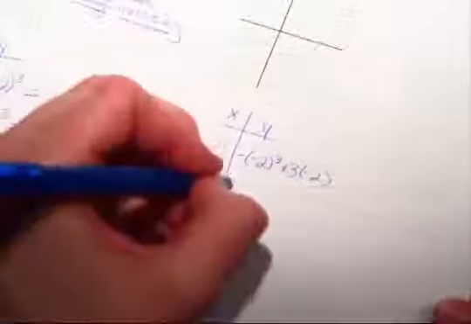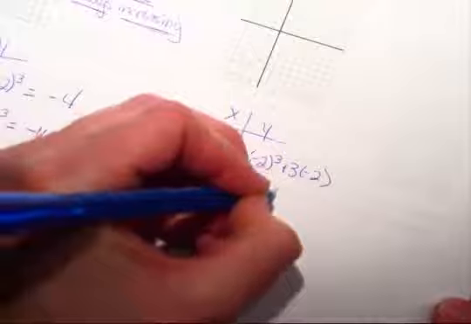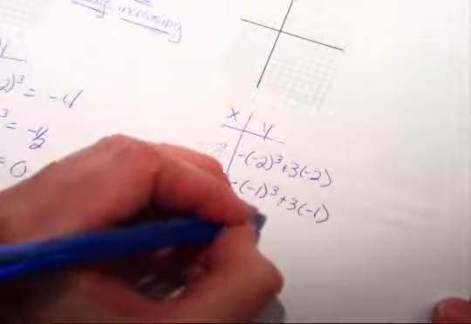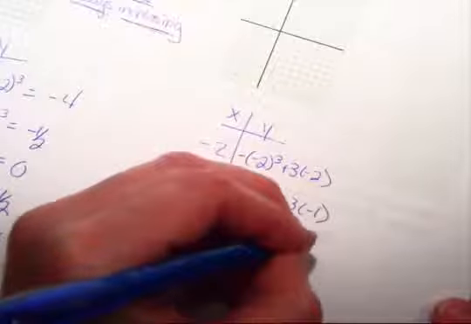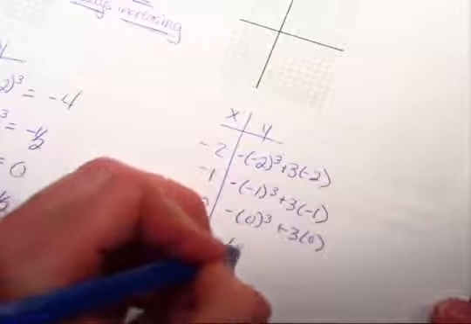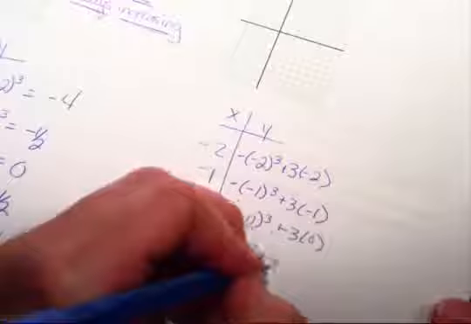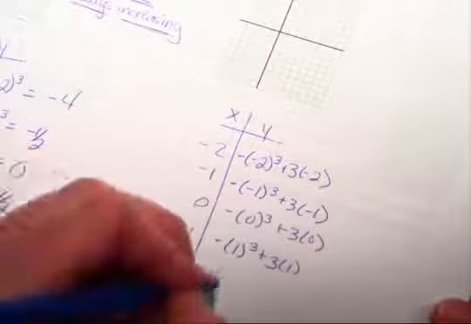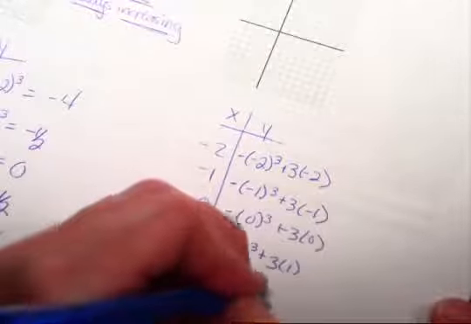I'm going to plug them in. So this is going to be a -2 cubed plus 3 times -2. Be careful with all those negatives. This will be a -1 cubed plus 3 times -1. This will be a -0 cubed plus 3 times 0. This will be a -1 cubed plus 3 times 1. This will be a negative 2 cubed plus 3 times 2.